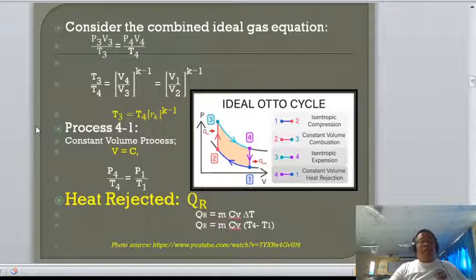In this process, 4 to 1, heat is also rejected. The rejected heat can be defined as the mass, the specific heat at constant volume, multiplied by the change in temperature between 4 and 1.